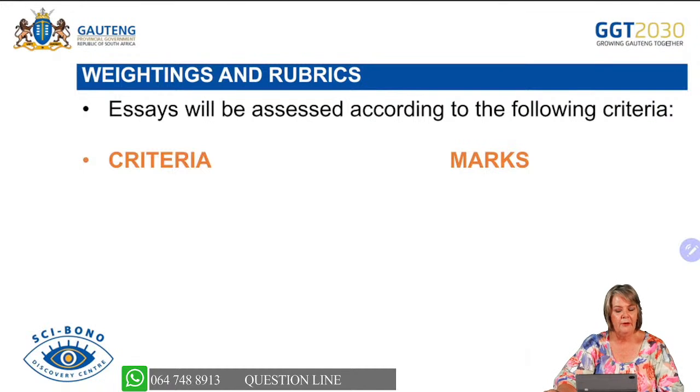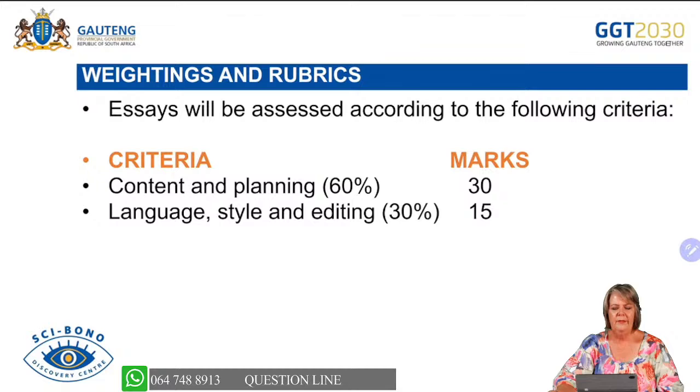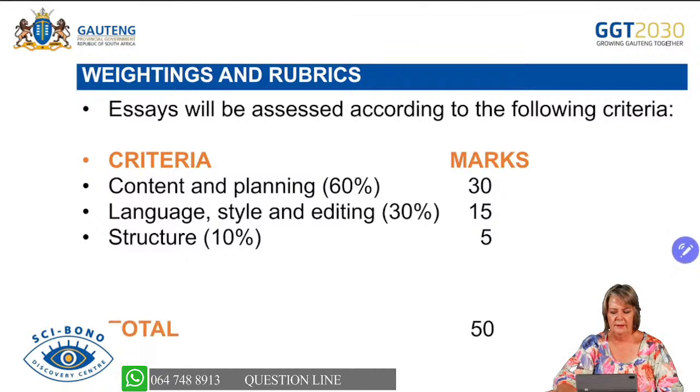Now, the criteria are as follows: content and planning, which makes out 60% of the mark, and that would amount to 30. Then the language, style, and editing, which would amount to 30%, which is 15. And then the remaining 5 would refer to structure, the 10%.